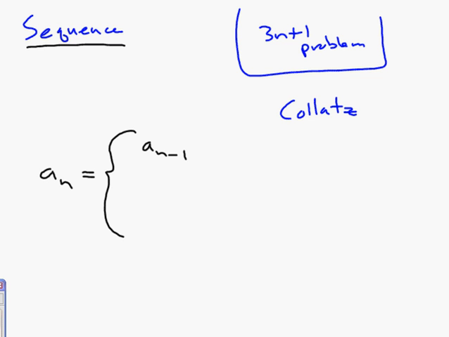So if n is 5, a5, the fifth term of the sequence, is going to be the fourth term of the sequence multiplied by 3, then you add 1, if a sub n minus 1 is odd. If you have an odd number in a sequence, you multiply that number by 3 and add 1 to it.